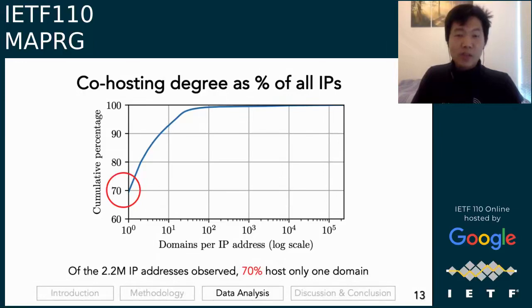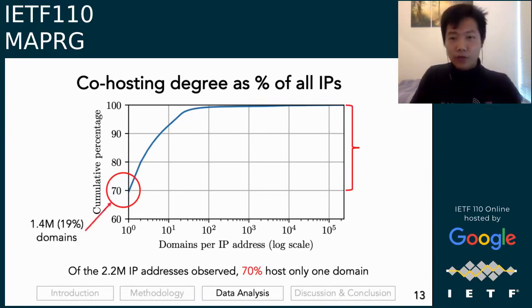Analyzing our data, we found 2.2 million unique IP addresses, of which 70% host only one domain name. This means visitors of domains hosted on these addresses will not gain any privacy benefit from domain name encryption because of the one-to-one mapping between the domains and the IP address. The rest, 30% of IP addresses, host more than one domain. However, this plot is showing the number of unique IP addresses, but when we look at the number of unique domains, this 70% of IP addresses correspond to only 1.4 million domains, which is like 90% of our test data.